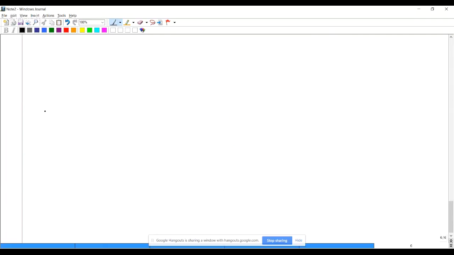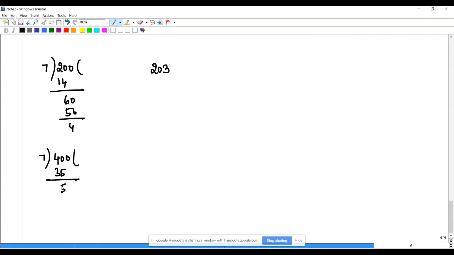The average of all integers lying between 200 and 400 which are divisible by 7. After 200 you find a number which is divisible by 7, 14. Then you can simply say 196, you need to add 7, which is nothing but 203. Now before 400, if you divide 400 by 7, 7 fives are 35, 7 fifties are 350, 49. So you just need to take out 1.